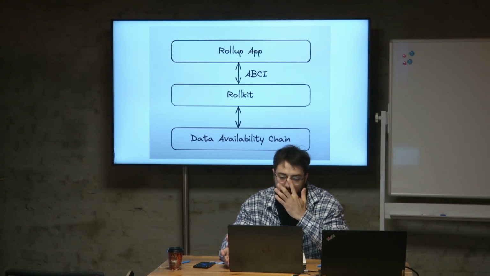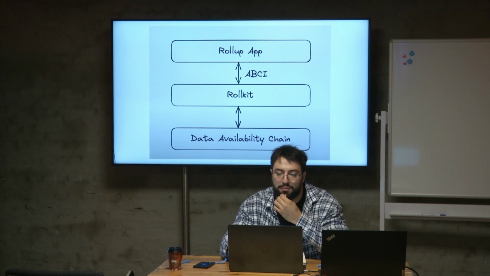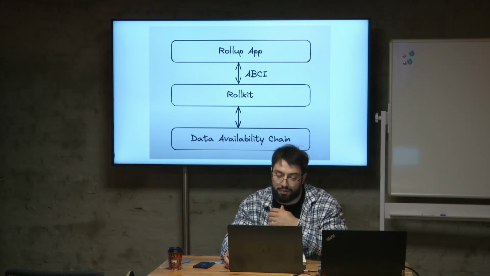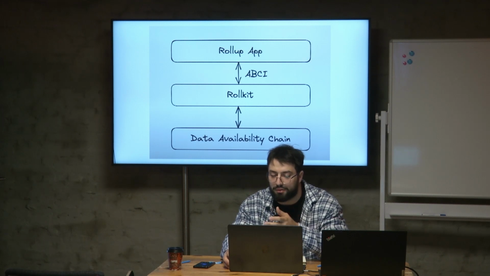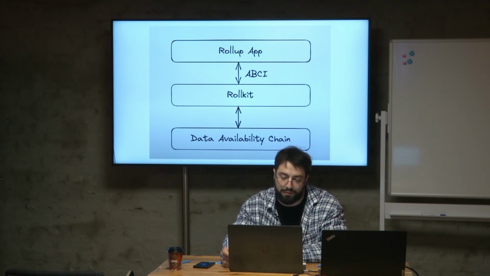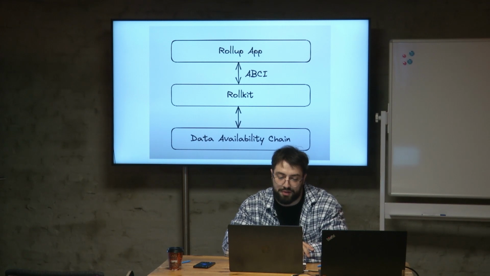It gives you freedom basically to substitute the data availability layer, for example Avail or Celestia, or another interface which is sequencing. Right now we support a centralized sequencer, but we're working on shared sequencing. Also the IBC client, also the state machine.